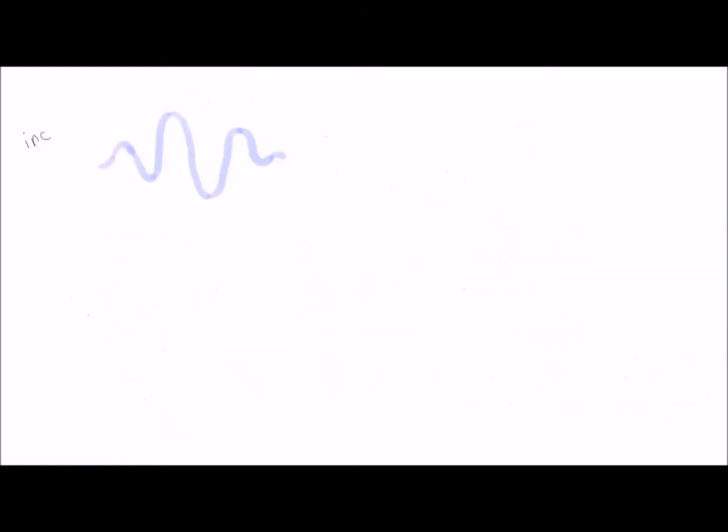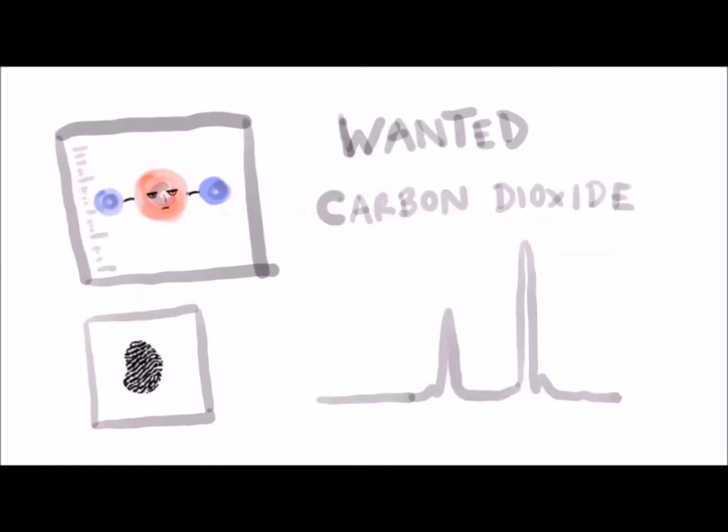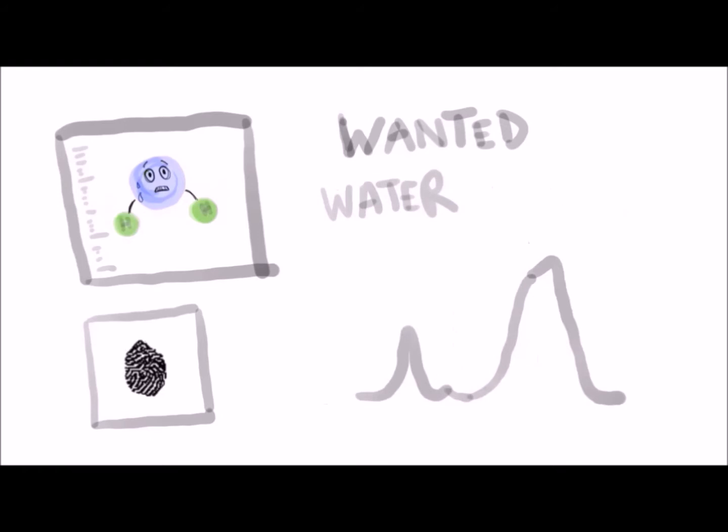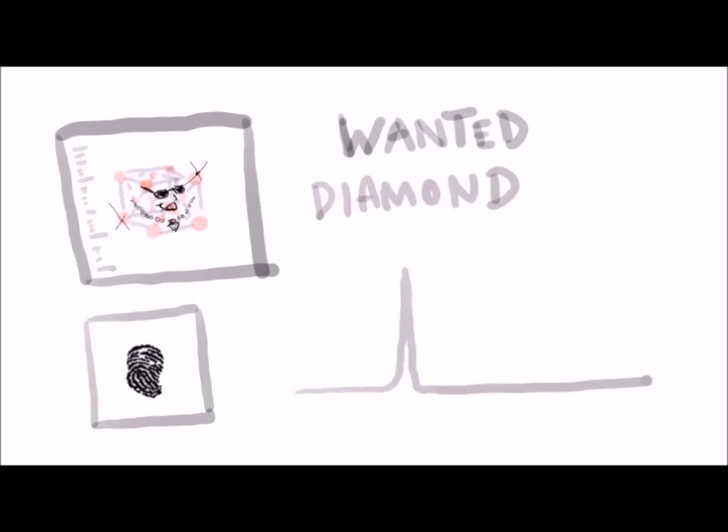By measuring the difference in energy of the outgoing compared to the incoming photon, the energy levels of the molecule can be determined. The energy levels are also unique to each molecule, and so they act as a fingerprint, allowing the molecules in a sample to be determined.